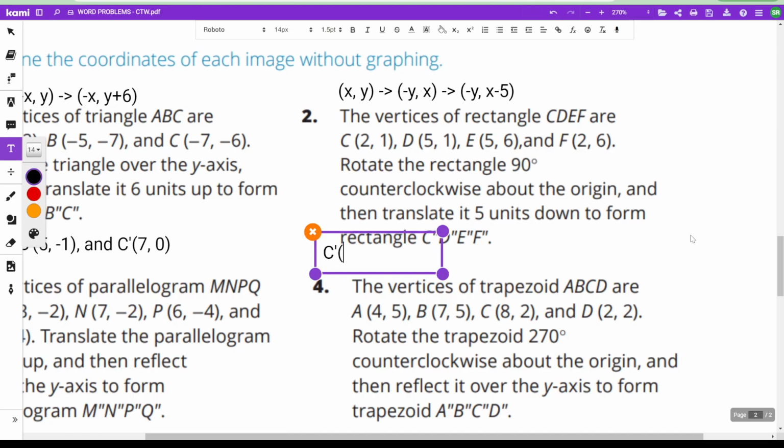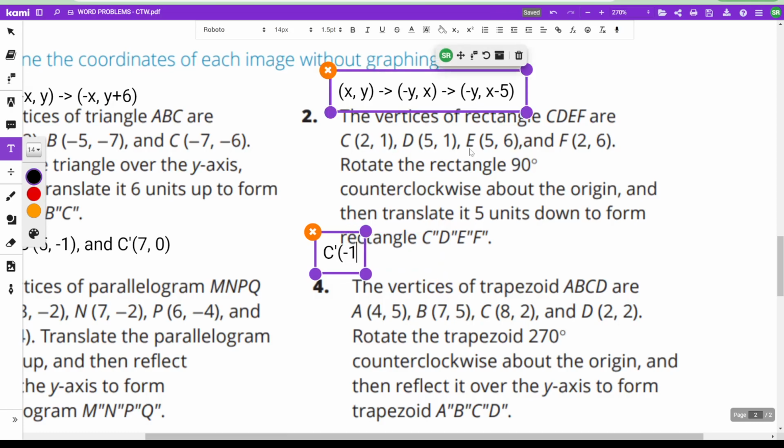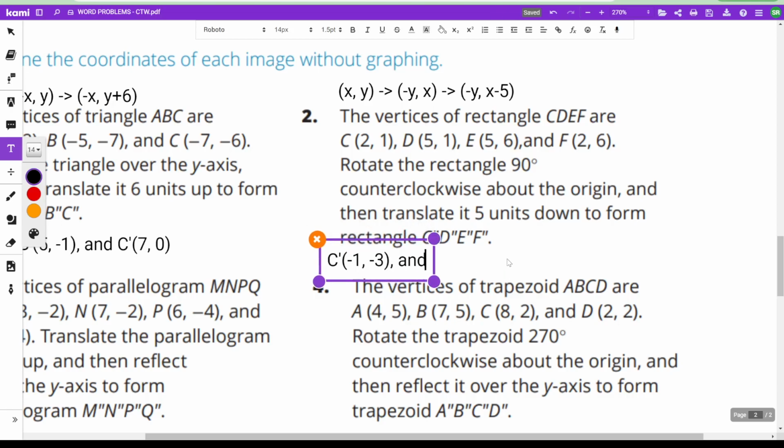So C prime, we plug in 1 for y, so that's going to be -1. Then we plug in 2 for x, so that's going to be 2 minus 5, which is -3. We plug in 1 for y, so that's -1.